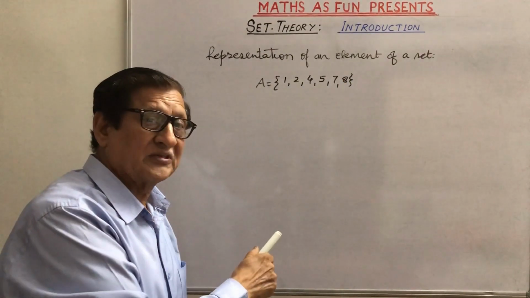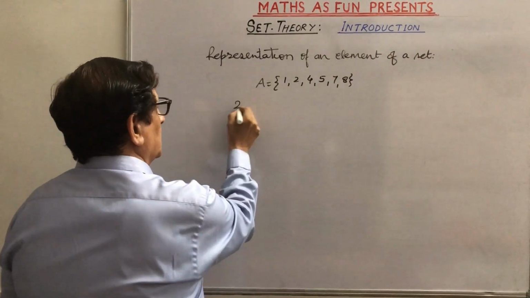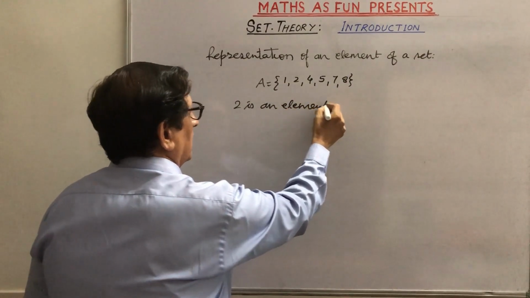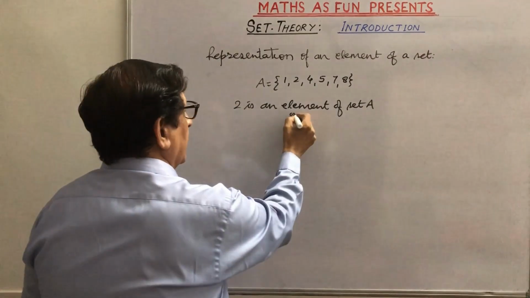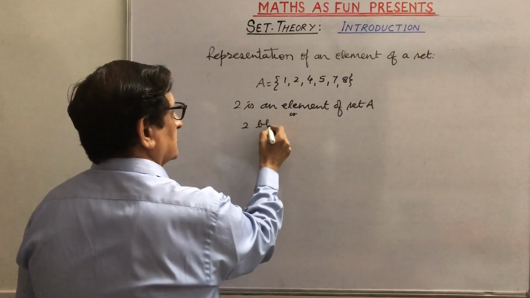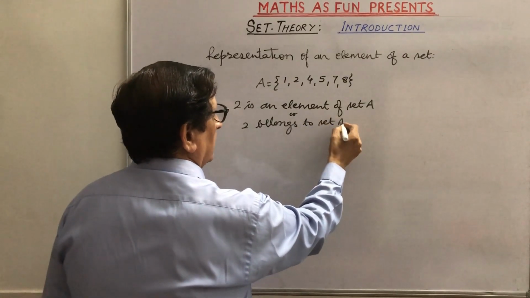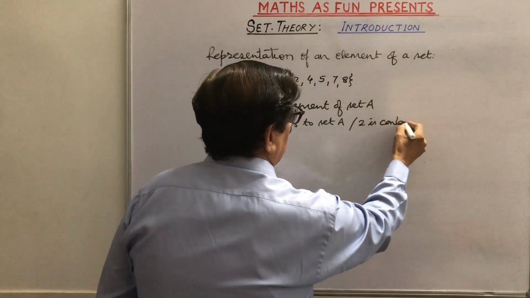And we want to represent that 2 is an element of set A. 2 is an element of set A. We can also say that 2 belongs to set A. Or we can also say that 2 is contained in A.